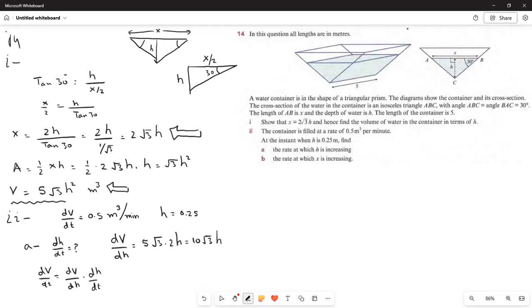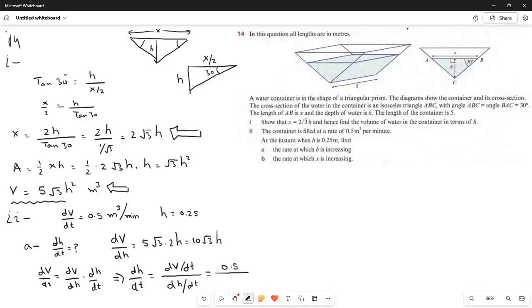Simple chain rule. So from here we can see that dh by dt is equal to dV by dt divided by dV by dh. Now dV by dt is given as 0.5 cubic meters per minute.